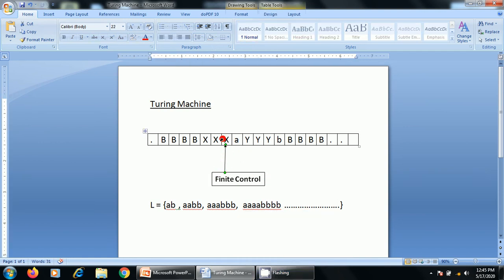Now the first X is received. Now it is very sure that we are just behind the fourth A.